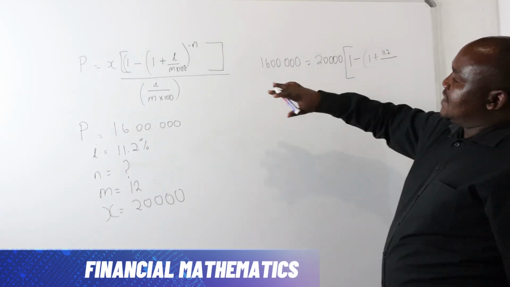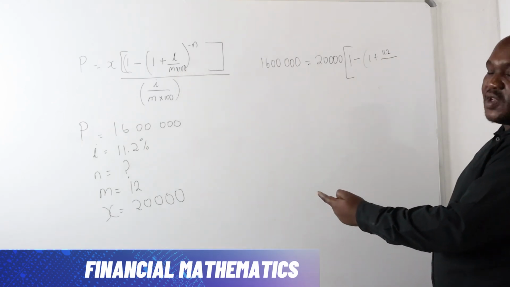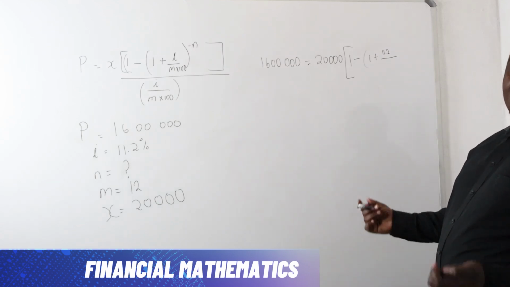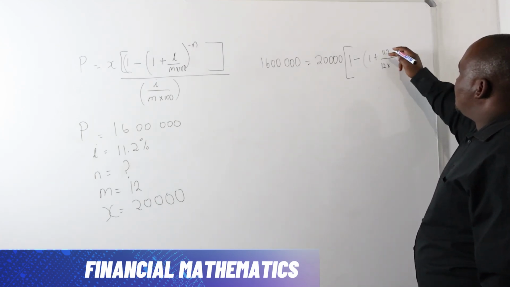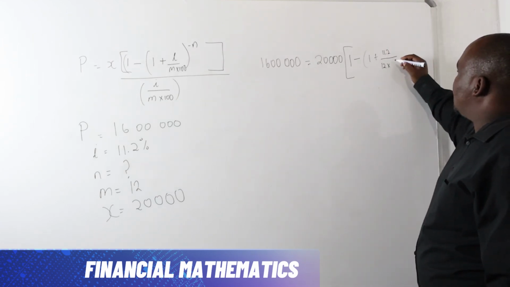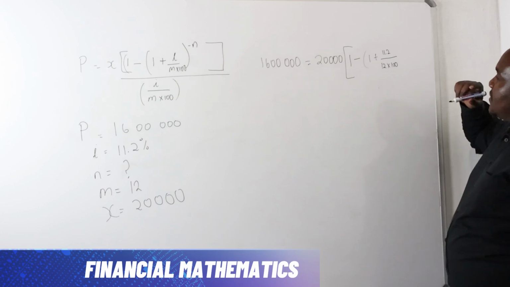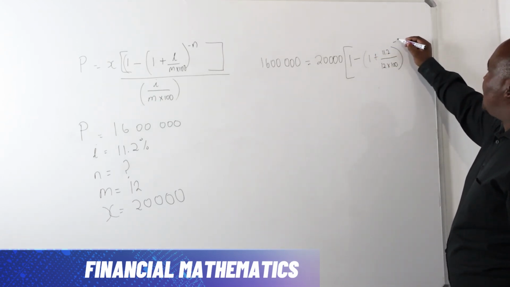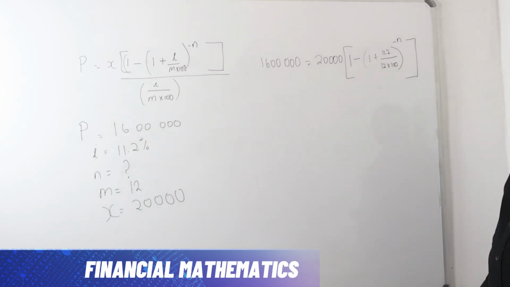Now, like I said, we have to multiply by m, which is 12, because we are told it's compounded monthly. So in a year there are 12 months, so you put your 12, but because this interest is 11.2, we have to divide by 100 since it's a percentage, and all this is to the power negative n, close bracket.